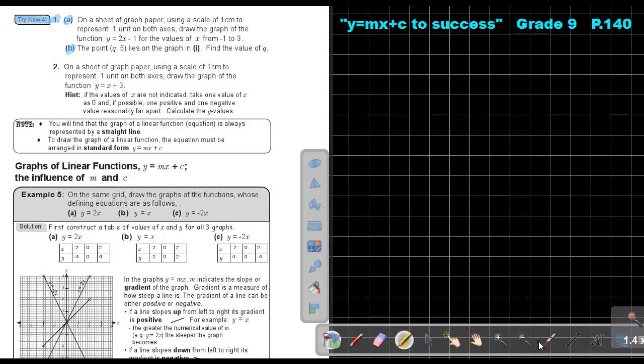Okay, so if I'm going to use that, let's just get a table. I'm just going to use a straight line.